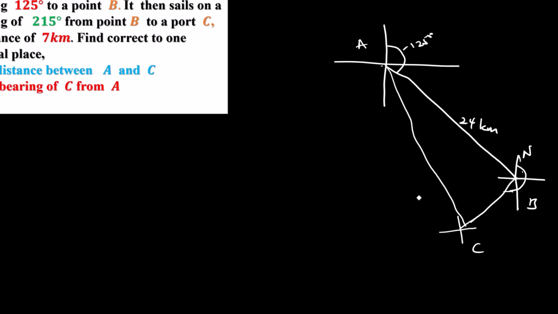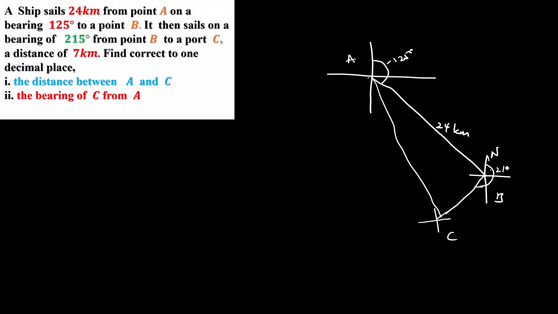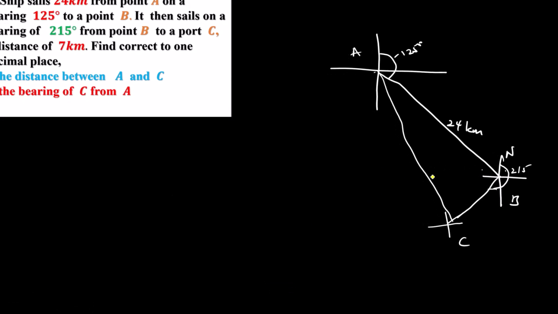Now let's see if we can locate the angles inside here. So how do we find this side and this side? Let's label them, and use the analogy from the first 4 lessons to locate the angles. This is C, this is A, this is B. From the north at point B, from this side to this side is 180.